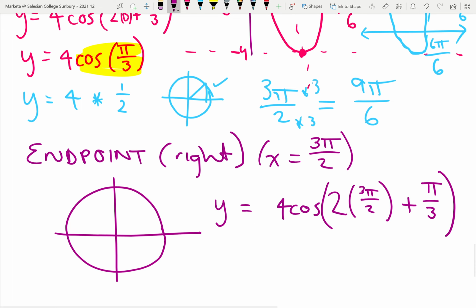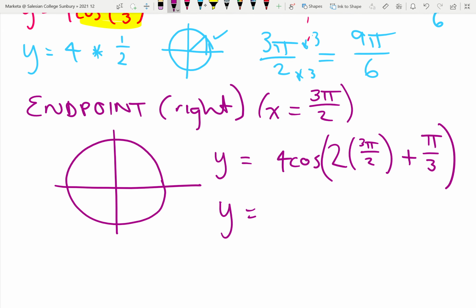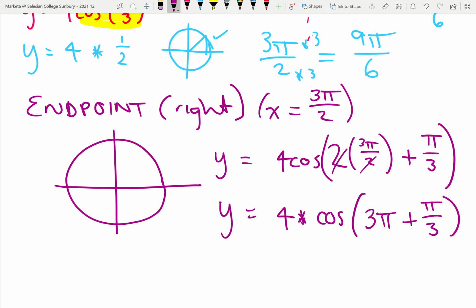And let's see, y equals 4 times cos(2 times 3 pi on 2). That will cancel. So that's just 3 pi plus pi on 3. So this is the part where people get a little bit unstuck. So 4 times cos, and let's do common denominator. That's 9 pi plus pi is 10 pi on 3.